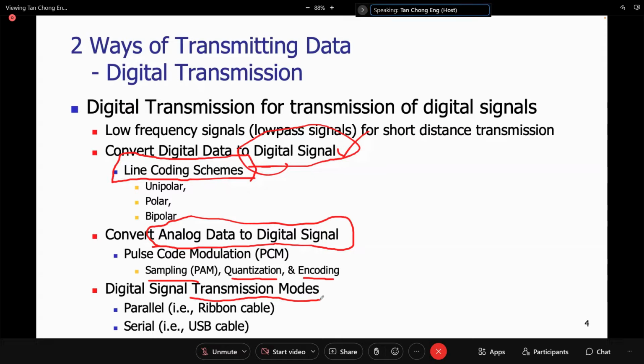One typical example is your USB cable. All your USB cables connecting to the various devices that you have are in serial transmission mode. In terms of performance, serial transmission mode can outperform parallel easily. Why? Because error handling on serial is much easier. To improve performance, they just need to increase the clock speed at both ends, so you engage a higher performance processor with a higher clock speed.